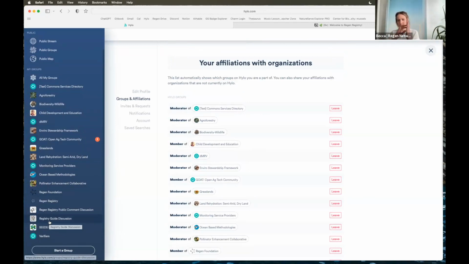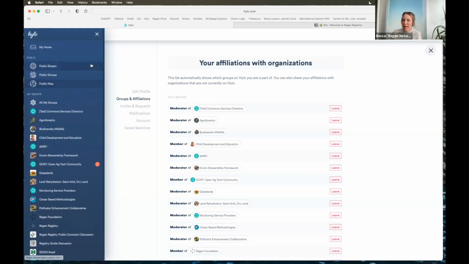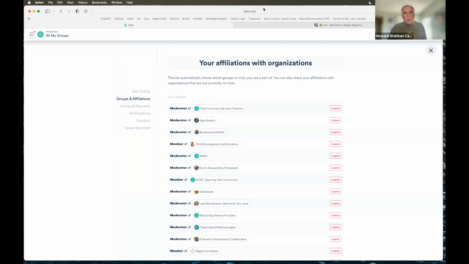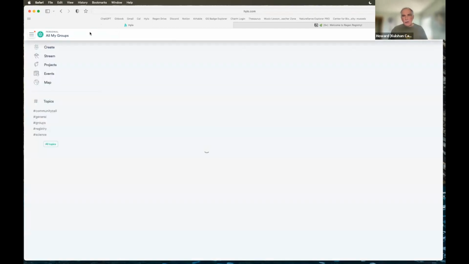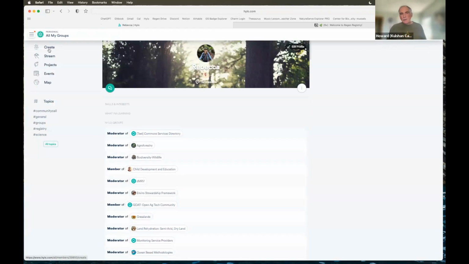So if you had Regen Registry, you would see all the nested groups, because you see I'm in like a child development and education group that's just kind of mixed into everything else. So I think that's room for improvement for the platform, but that's an easy way to find the groups that you're in, or to join groups. Exactly. That automatically populates, and this is a way to survey where your interests might lie, to connect and to identify interests. Right. Absolutely.